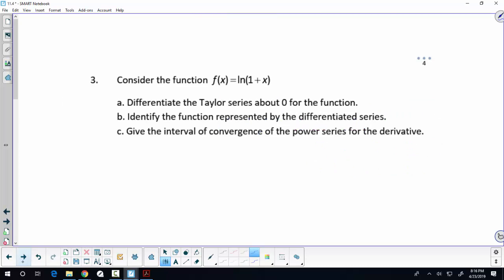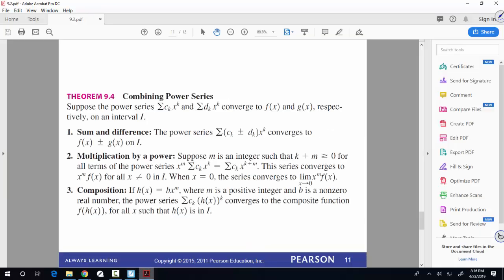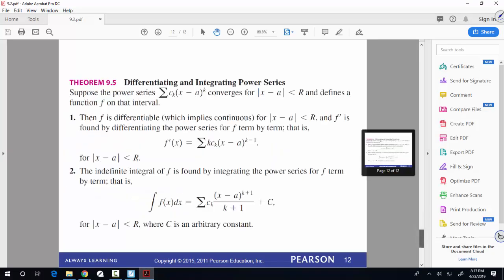So remember, we can take a function representation, not only add, subtract, multiply, compose, but we can also integrate and differentiate. As a reminder from 11.2, we had a theorem in our notes that said when we differentiate or integrate, the radius of convergence is still the same.